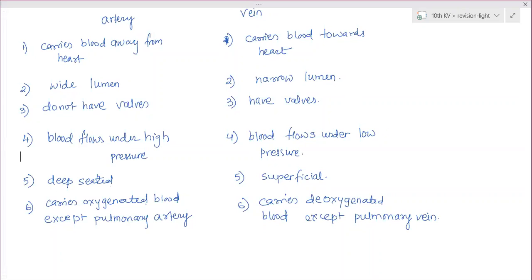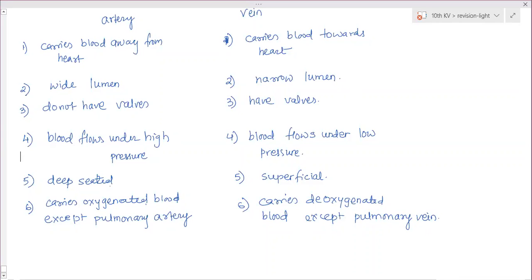Okay. Ma'am, what is lumen? Lumen, we can consider as the girth of a tree, the diameter of the vessel. Wider lumen means the hole is bigger in size.